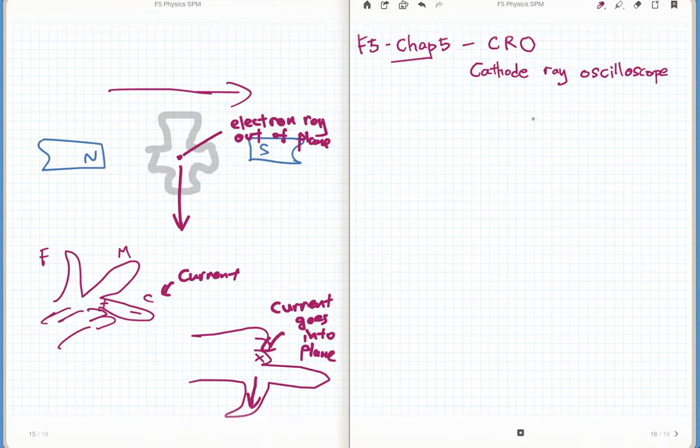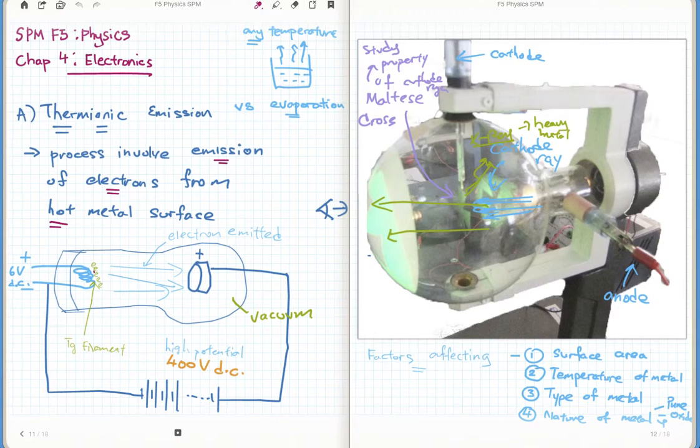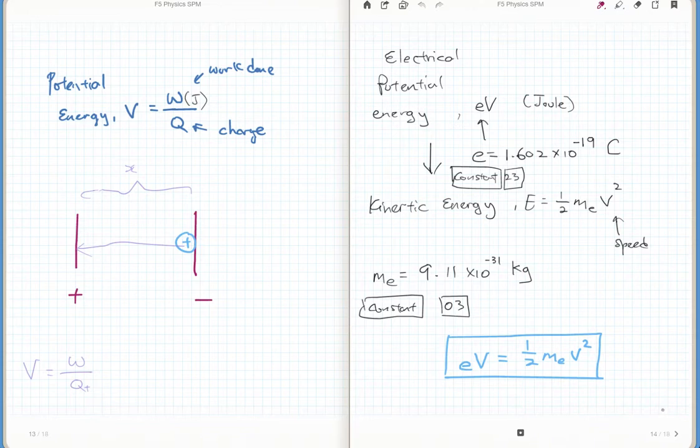You have seen that when the electron goes through the tube, it hits onto a Maltese cross and eventually forms an image. This electron beam is a conserved energy, where the joule, electron volt, equals half mv squared.